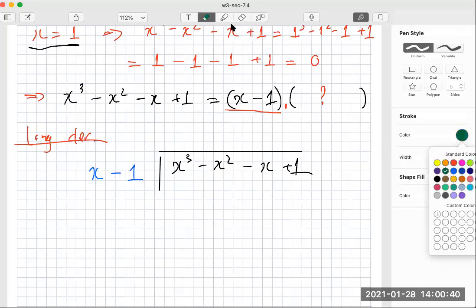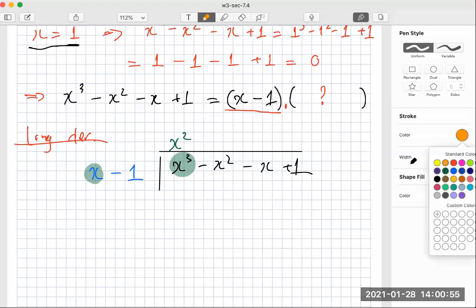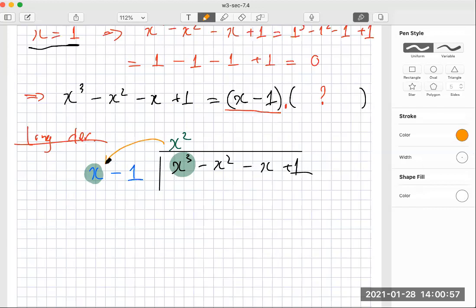So what should we do? Take the highest degree of this divided by the highest degree of this. What do we have? Yes, x squared. Then, multiply back here. x squared multiply x will be x cubed. x squared multiply negative 1 is negative x squared.